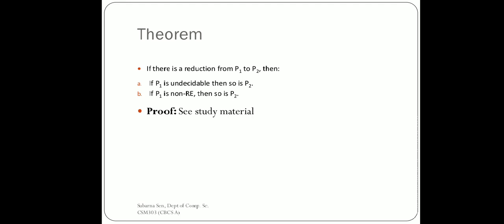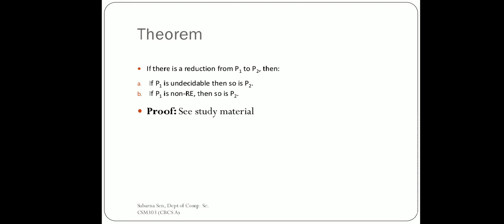There are some situations where my Turing machine will keep on processing and never halt. It will keep on running for a lifetime, so it will be under the category of non-recursively enumerable. But do not think that we are focusing that this is recursive. It may be recursive, may not be recursive. That proof you can see from the study material, but since it will halt, it will come up with a result.